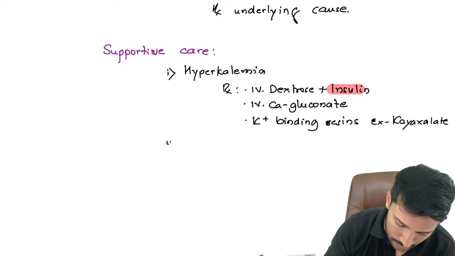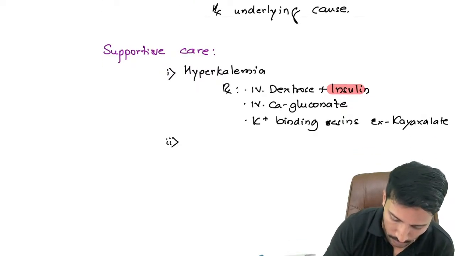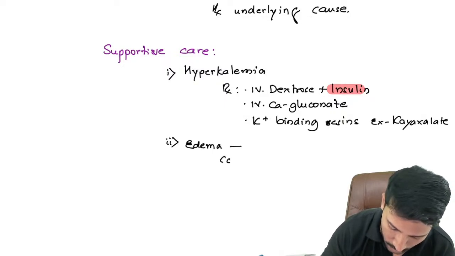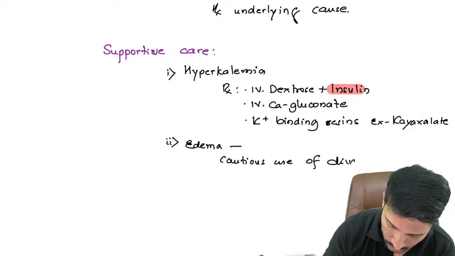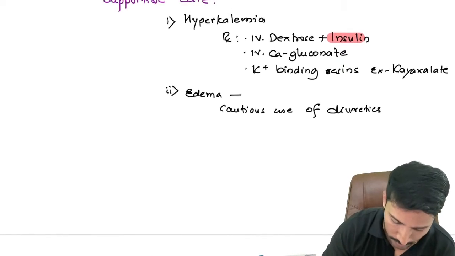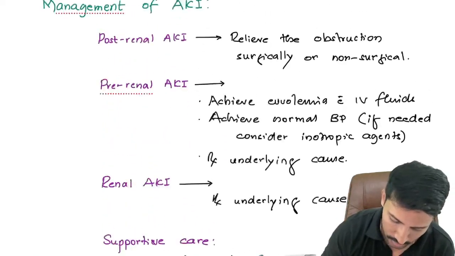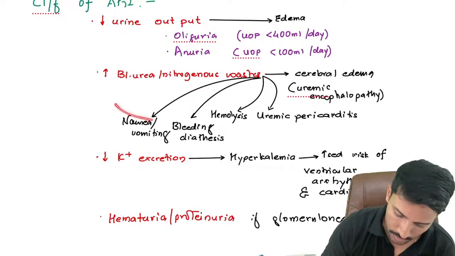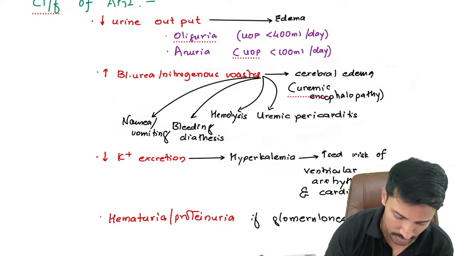Okay. Second, how do I treat edema? If required, we can cautiously use diuretics. Cautious use of diuretics. Okay. Then what are the other complications we have listed in the clinical features? Uremic symptoms, right?